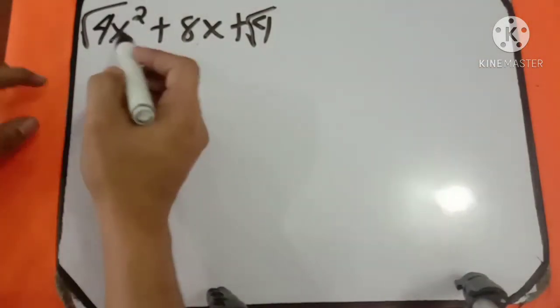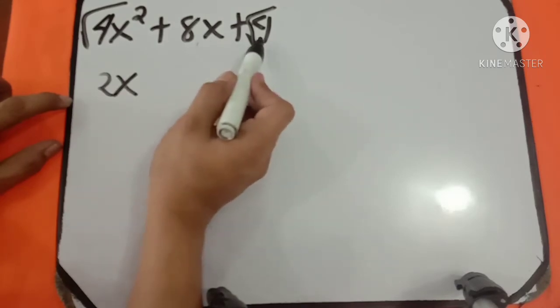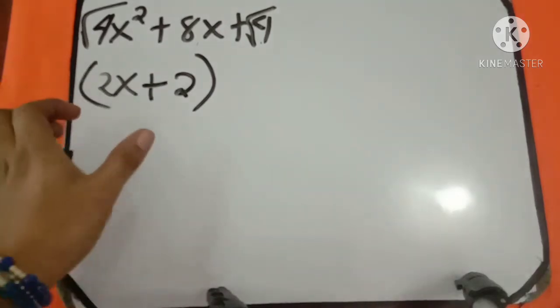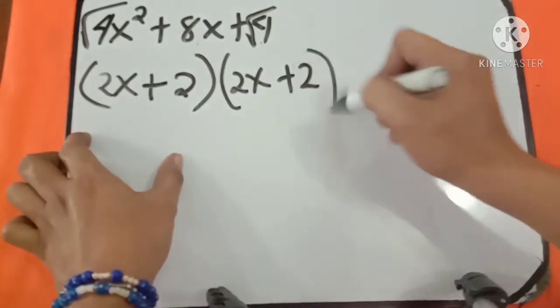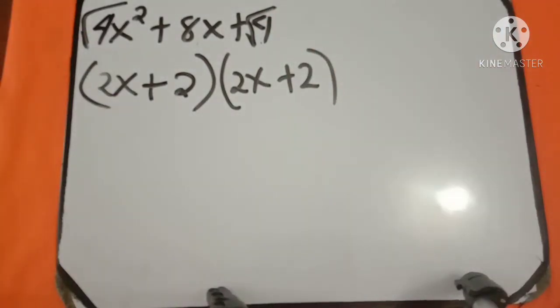So again, the square root of this is 2x, and then the square root of this is 2, so we have here plus 2. Then we simply copy this for the other factor. So 2x plus 2. And this is the factor of this given trinomial.